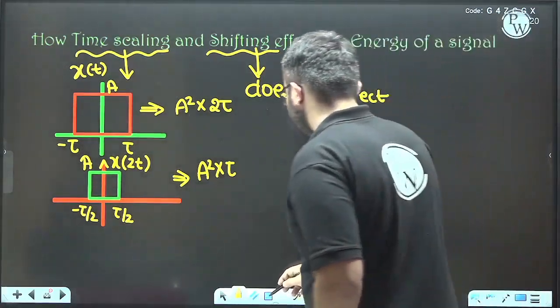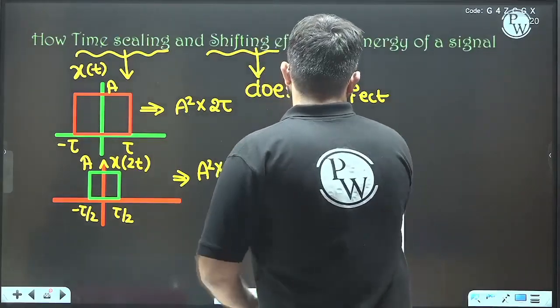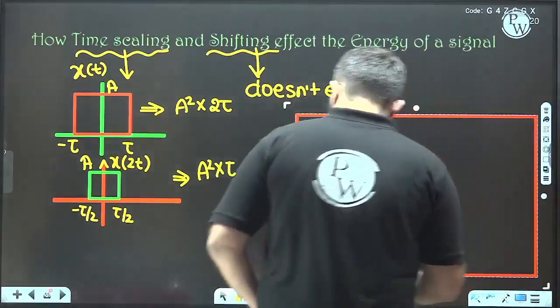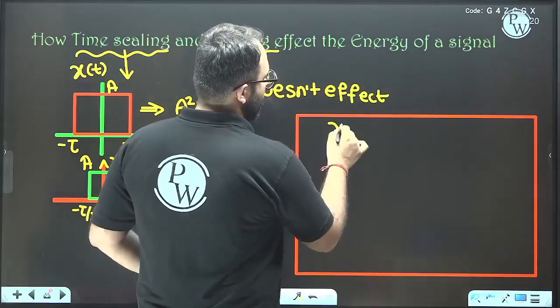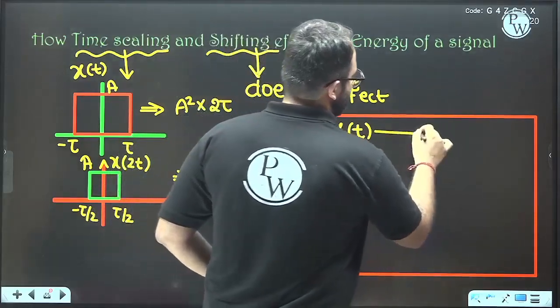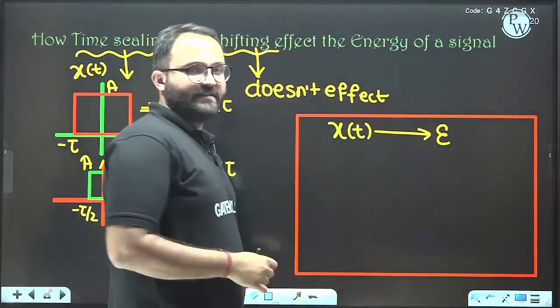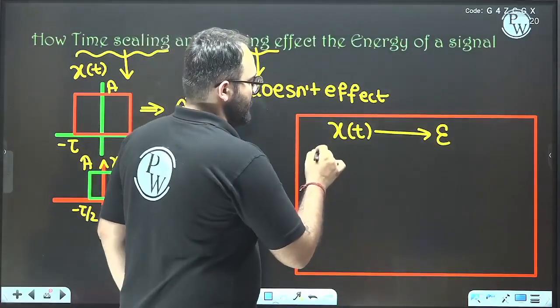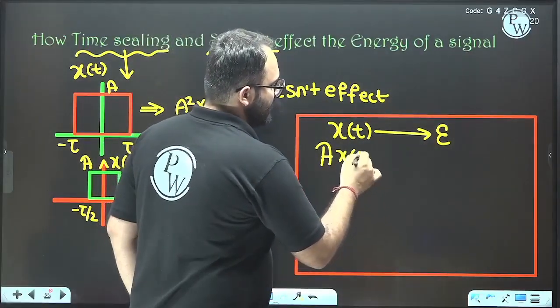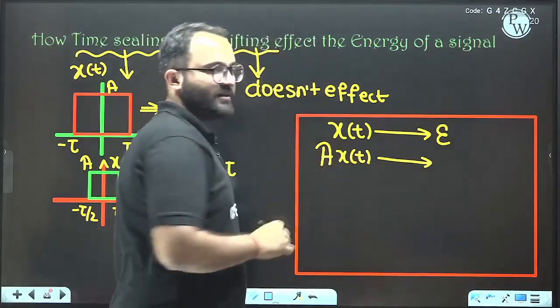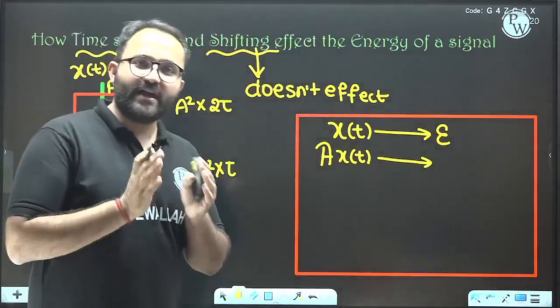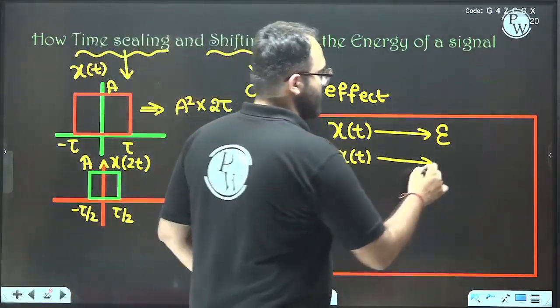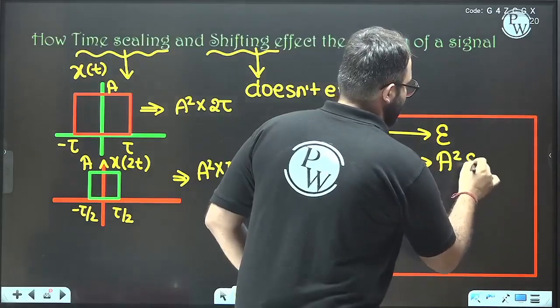So I am writing a conclusion. Suppose x of t has energy E. If we multiply the signal by a constant A, then energy will get multiplied by A square.